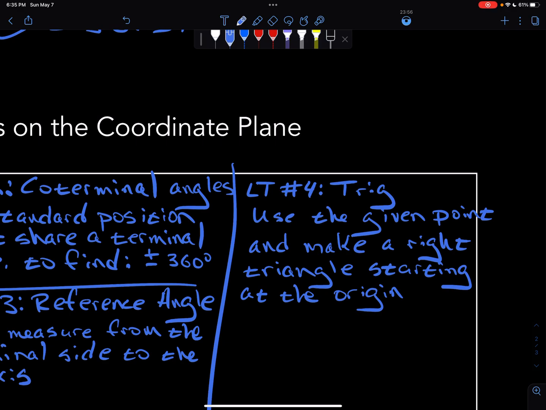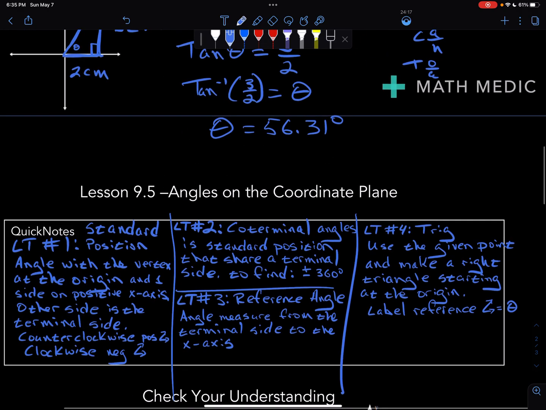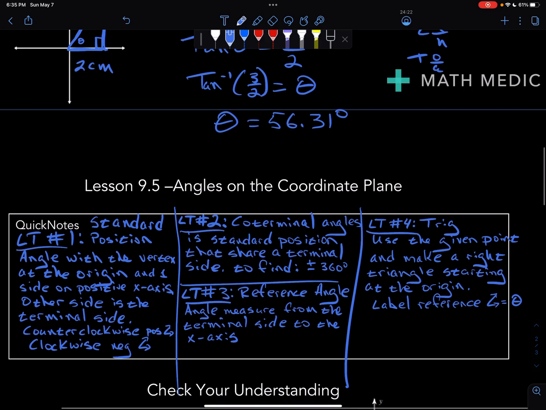And then we want to label the reference angle theta. Okay, moving on. There's our 4 learning targets, 1, 2, 3, and 4.